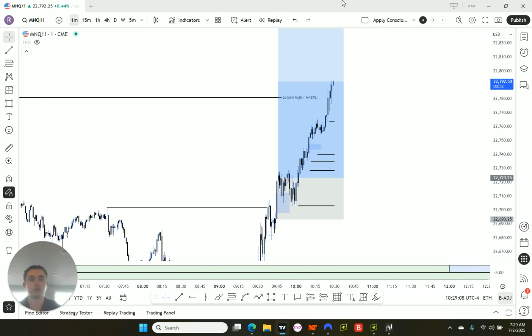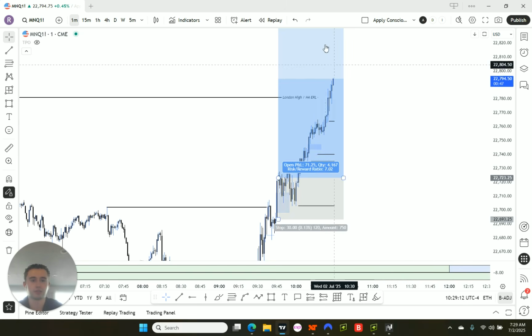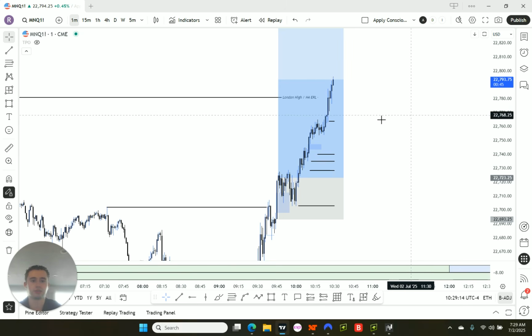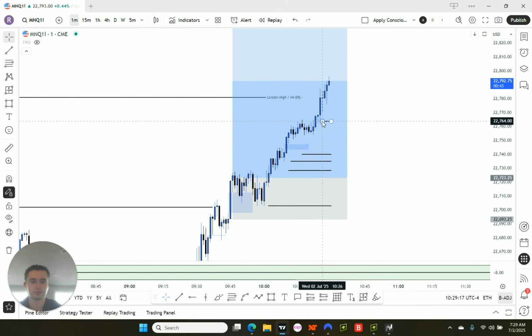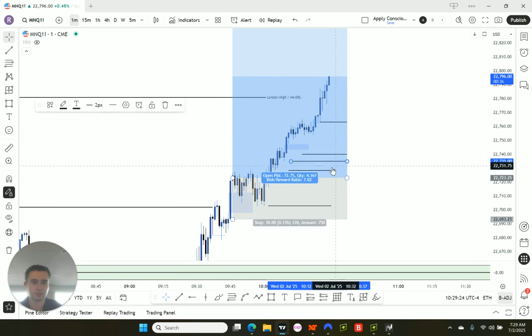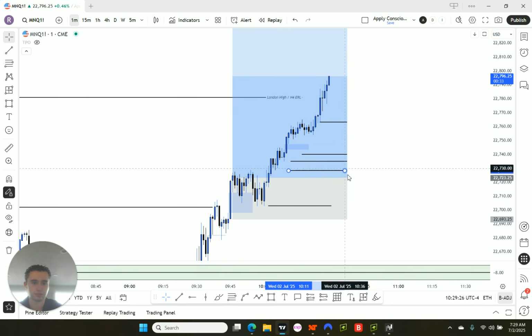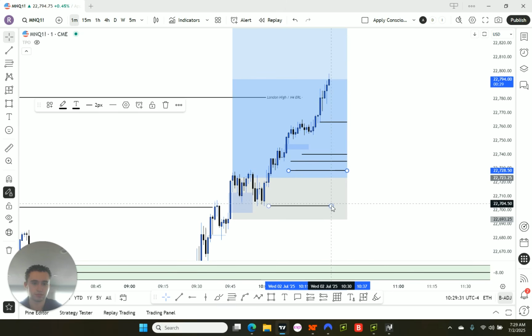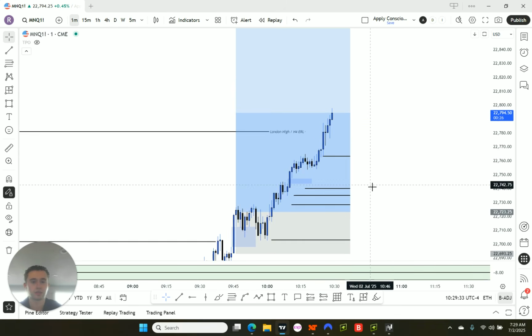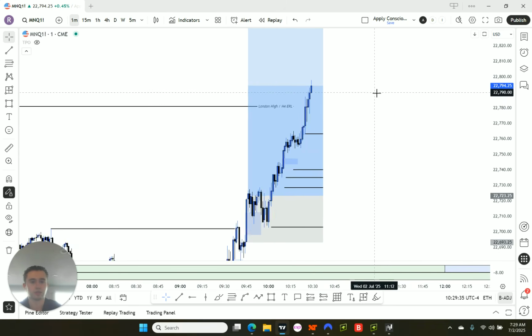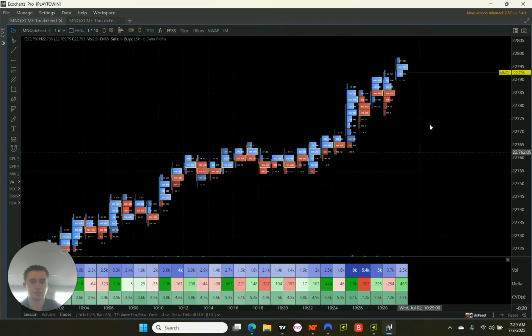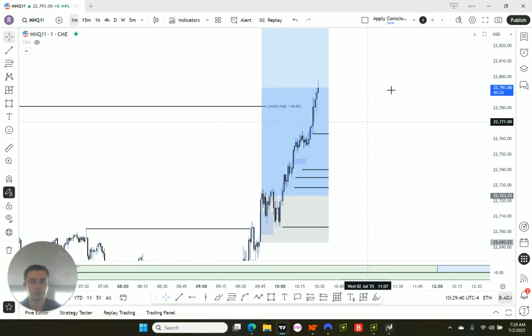If we close up above this candle, I will trail it to this candle low. If it pushes and holds, I'll trail that stop loss up. It's not giving me vibes to do that yet, to be honest.